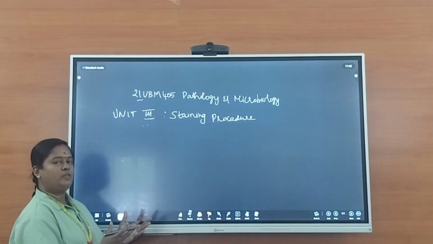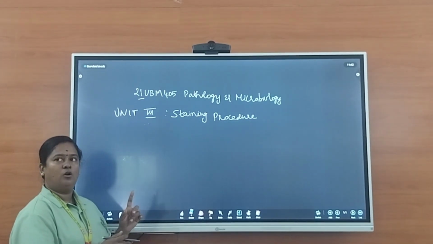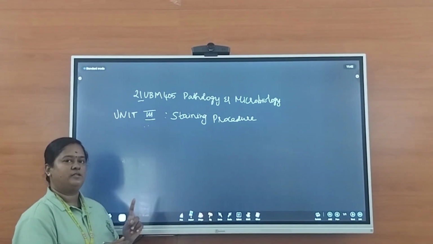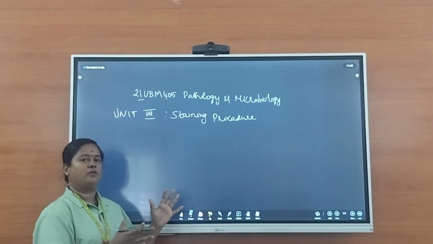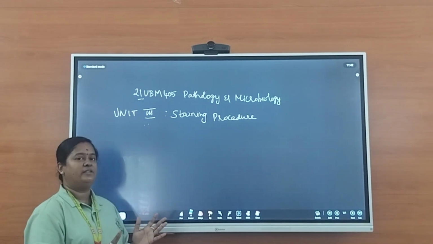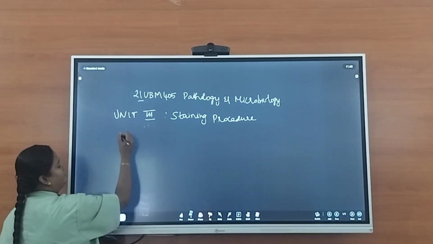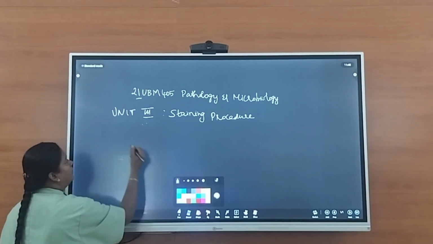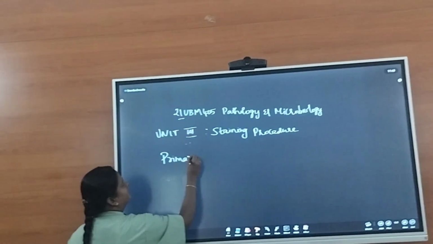Simple staining means, as I told earlier, only one stain is used. For Gram staining and some other staining, we use more than one; two or more is called differential staining. So we are using a primary stain and a secondary stain.